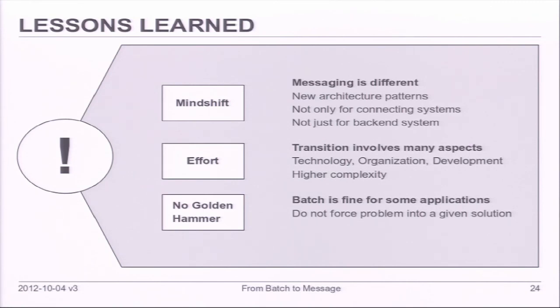So the total time for such a project will usually be between 2 and 3 years at least. But you start getting the benefits right away. So you don't have to be completely finished to start having the benefits.